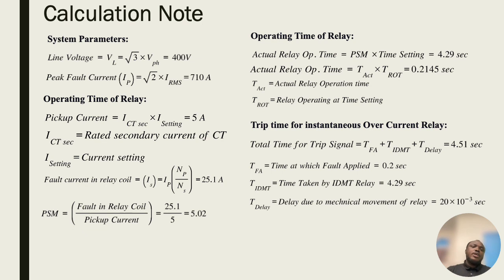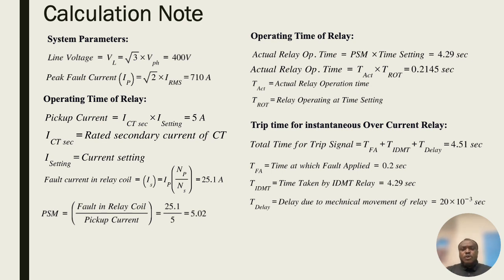In terms of calculation notes, of course, we are using a line voltage of 400 volts and a peak fault current of 710. Now, I would touch on the trip time for the instantaneous overcurrent relay.